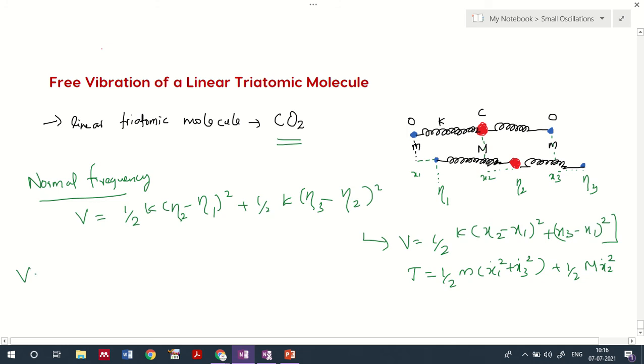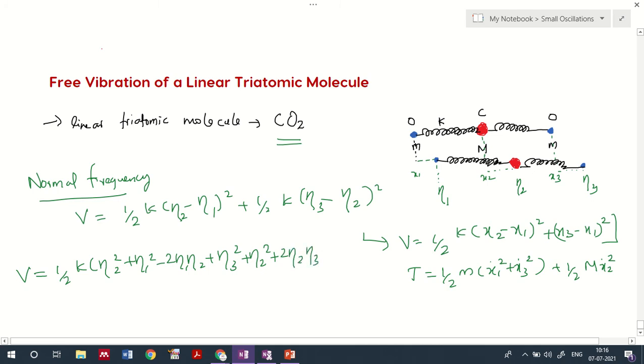So the potential half k eta 2 minus eta 1 square, what does it mean? If you do the expansion of eta 2 minus eta 1 the whole square, it will be half k times eta 2 square plus eta 1 square minus 2 eta 1 eta 2, plus eta 3 square plus eta 2 square minus 2 eta 2 eta 3.